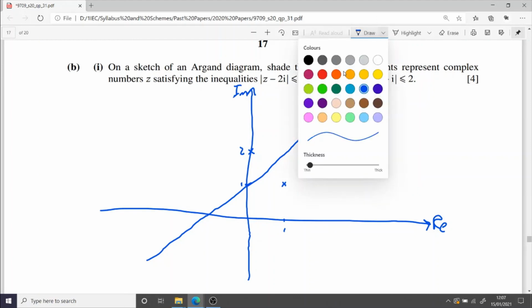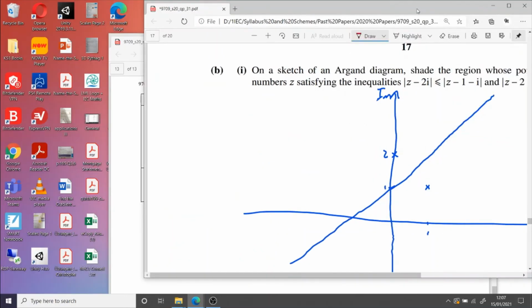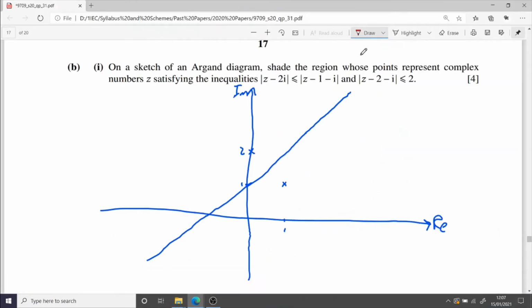Before we do that, we're going to consider the second part. And the second part is a circle centred at the point 2 plus i. So 2 plus i is here. And the circle has a radius of 2. Now this is 2 away from that imaginary axis, so it should be a tangent here.